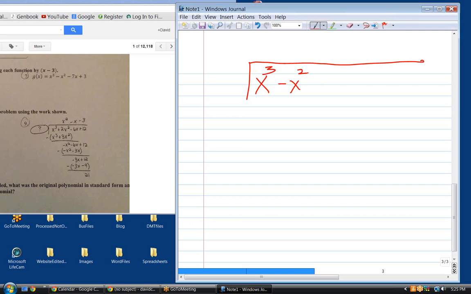And so far we haven't had any missing x terms. If we did, we'd have to use a dummy variable. In other words, if this didn't have an x squared, I would have to put in 0x squared there in order for the long division to be able to work. Okay, you do it entirely this time.